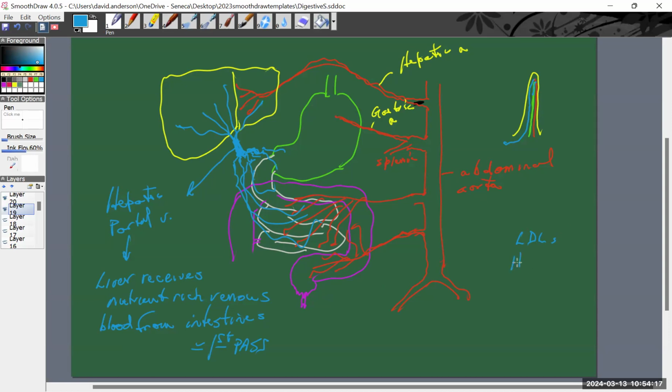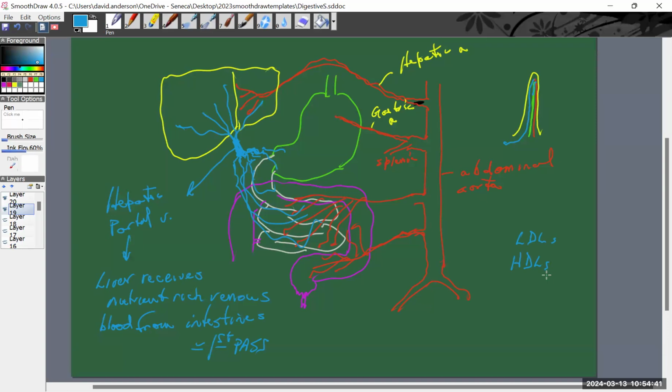And HDLs take extra cholesterol that's in the body, in the periphery, and bring it back to the liver. When they bring it back to the liver, the cholesterol can either be released and degraded there, or re-released out into the circulation as LDLs, depending on the requirements, depending on the needs.